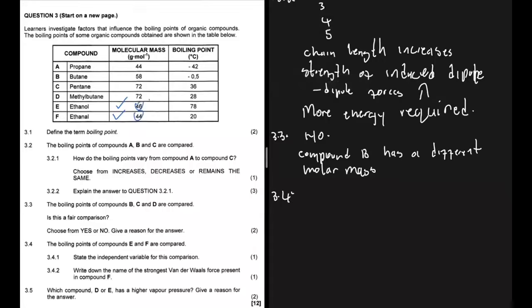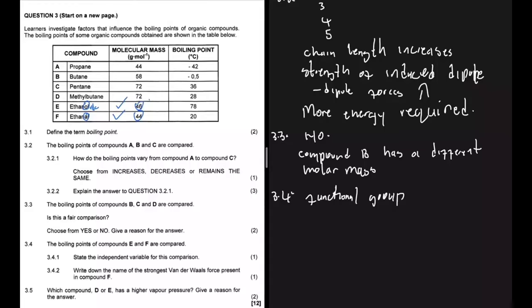And then what we are changing here is the functional group, right? You can see that here we have ethanol, and here we have ethanol, alcohol, and then aldehyde. So the independent variable we can say is the functional group. You can even say is the homologous series, and it will still be fine.